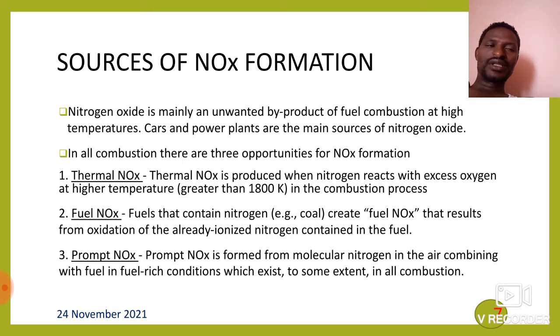This is where the fuel contains nitrogen, like coal. When this fuel is combined with air, the tendency for the formation of this is high. And the other one is prompt nitrogen oxide. This means a high excess amount of nitrogen is naturally found in the oxygen during a rich fuel mixture. The tendency to form nitrogen oxide is also high.